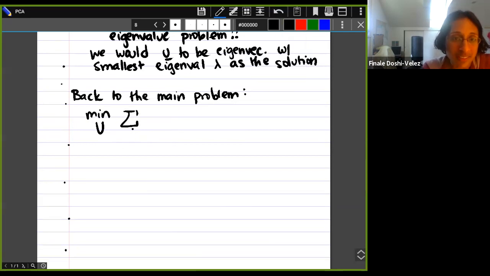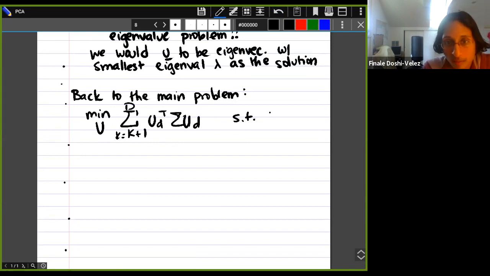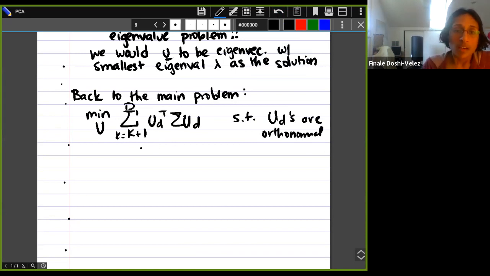It was min right here, going from K plus 1 to D of U_d transpose, such that the U_d's are orthonormal, right? So this is our problem. Because they're orthonormal, we can do this problem piece by piece. We can peel off the smallest dimension, the next smallest dimension, the next smallest dimension.